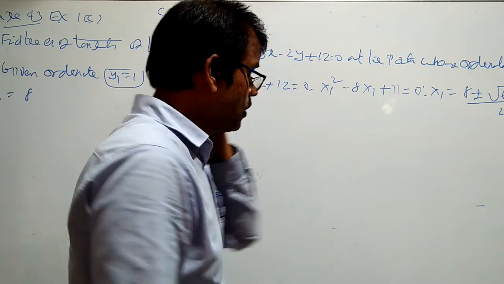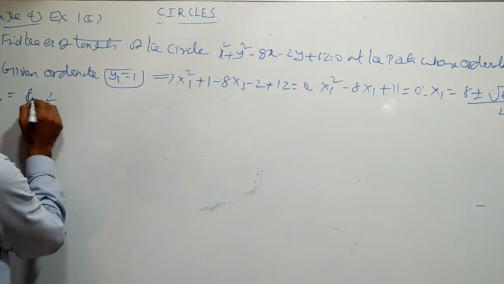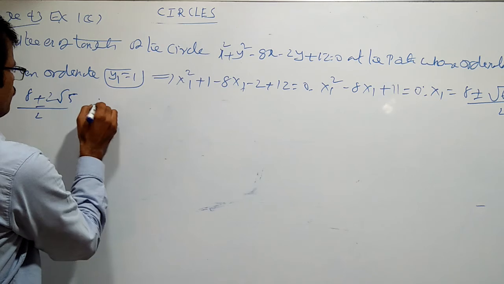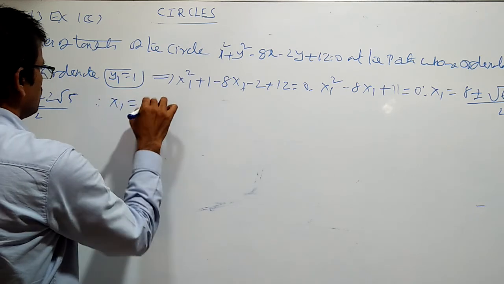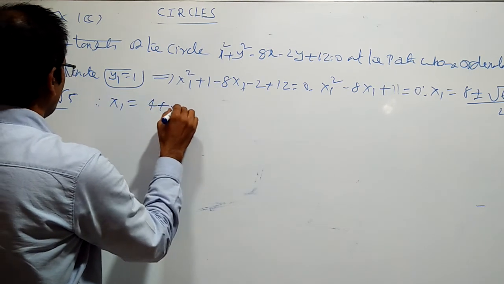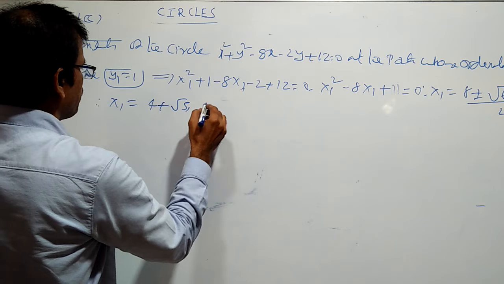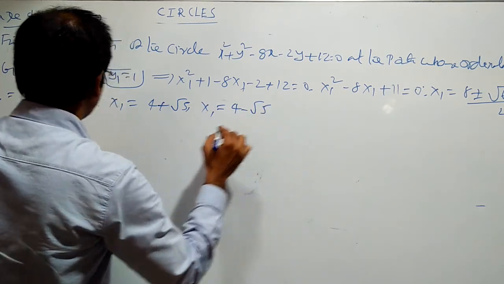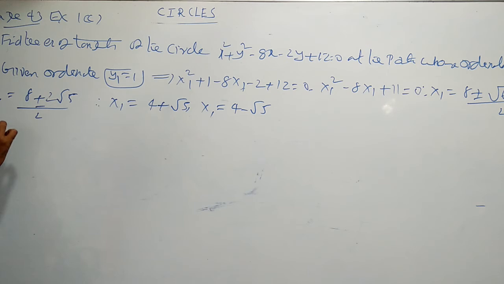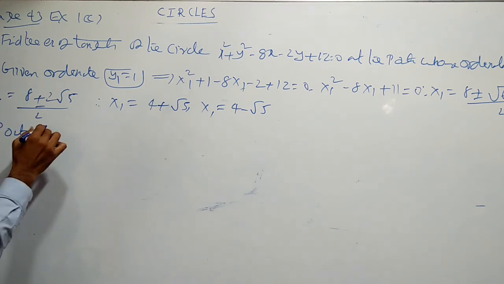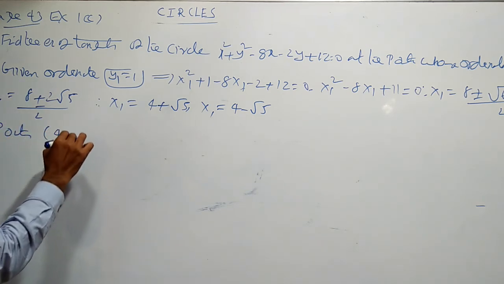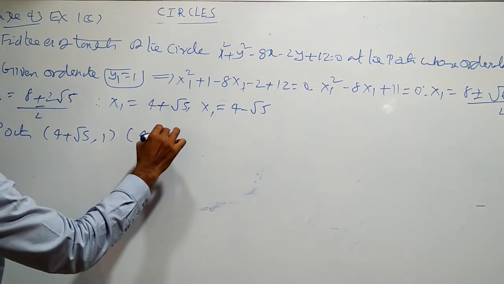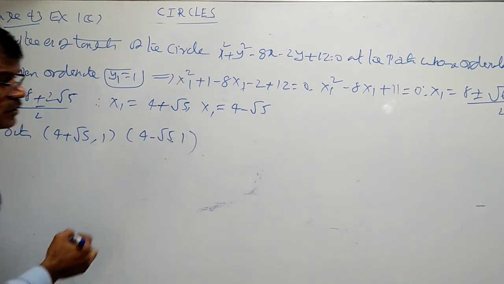Root 20 means 2 root 5, so 2 root 5 by 2. Therefore x1 is equal to 4 plus root 5, and x1 is equal to 4 minus root 5. Therefore the points are (4 plus root 5, 1) and (4 minus root 5, 1).